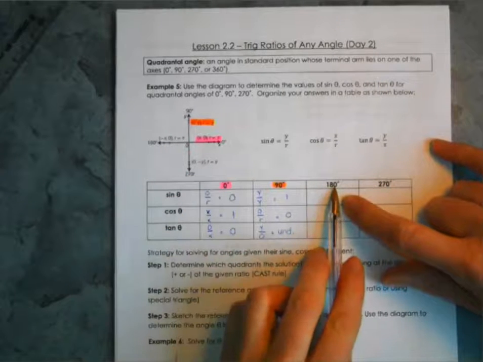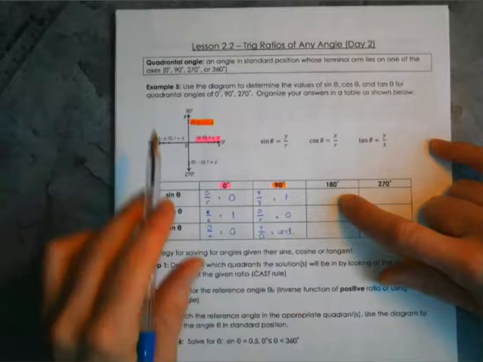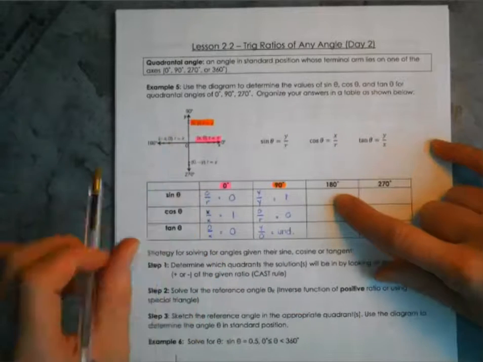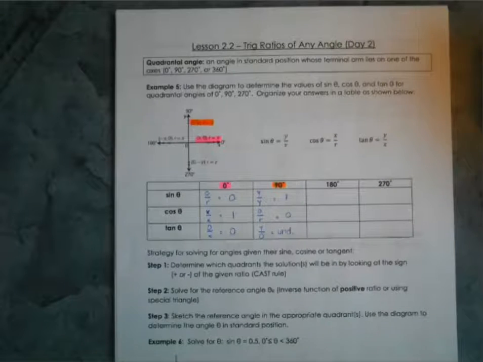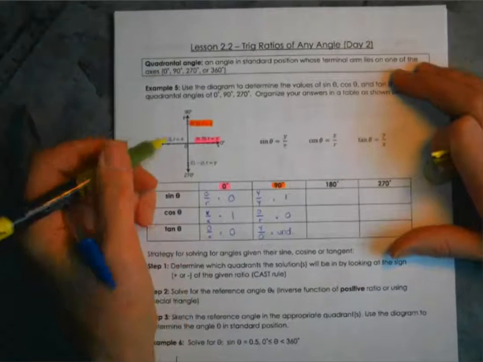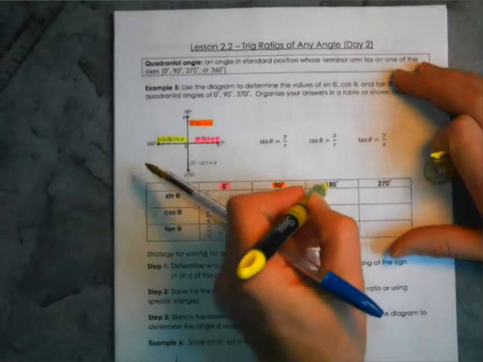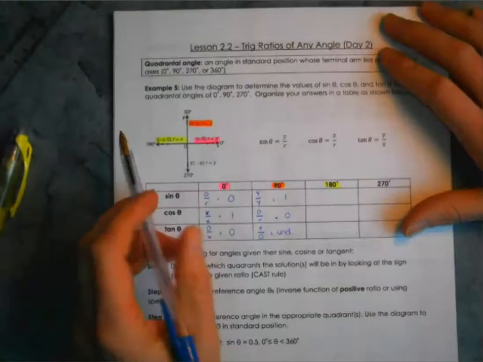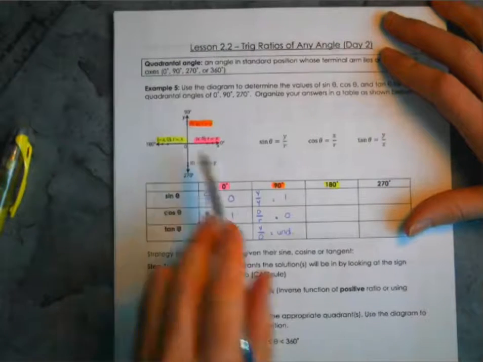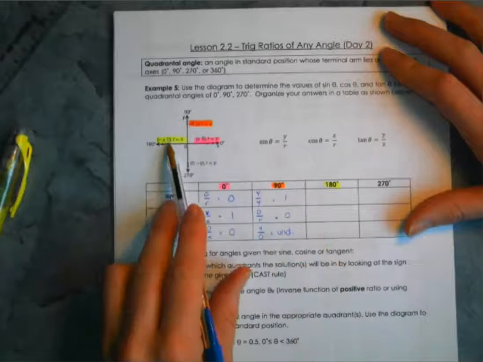What else is there? Let's move over to 180 degrees. I'm just going to grab a different color here a second. So 180. It's over here. So this is the one we're doing here. Okay, so with sine theta, we have y over r.